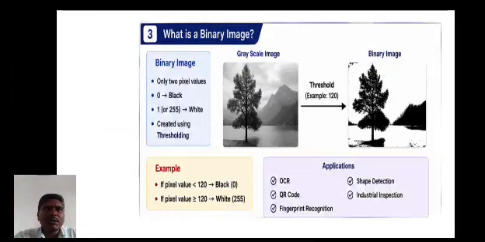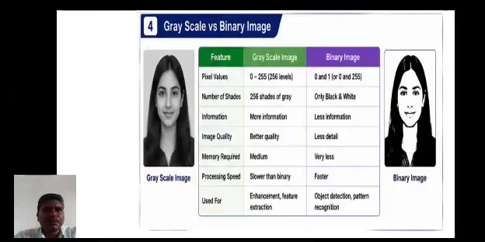This process removes unnecessary details and highlights only the important objects in the image. Binary images are commonly used in OCR systems, QR code readers, fingerprint scanners, and industrial inspections.